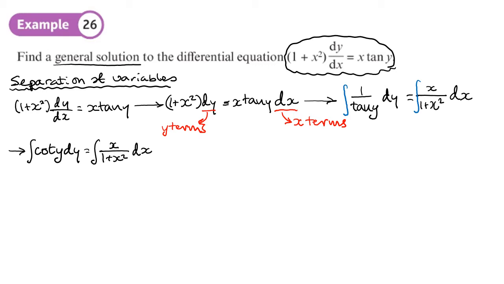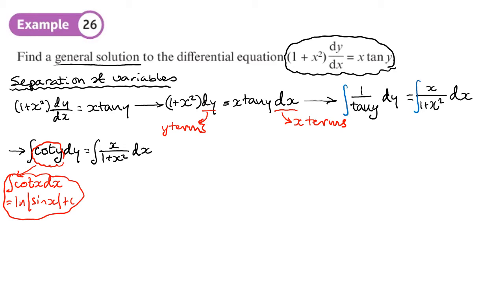Now cot y or cot x is in the formula book, and it says that if you want to integrate cot x dx, that equals natural log of the modulus of sine x plus c. So that's in the formula book.